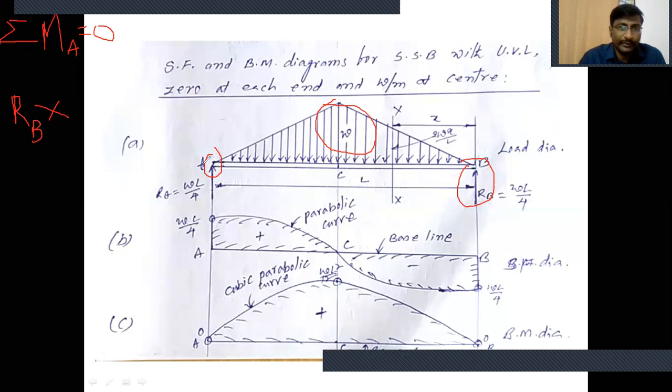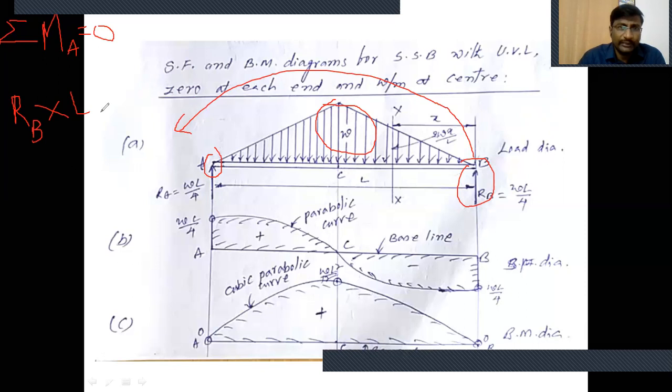Here the point of moment is A, the force is RB, so the perpendicular distance is L. RB into L is in which direction, clockwise or anti-clockwise? The moment of RB about point A is in the anti-clockwise direction. Anti-clockwise direction is positive.